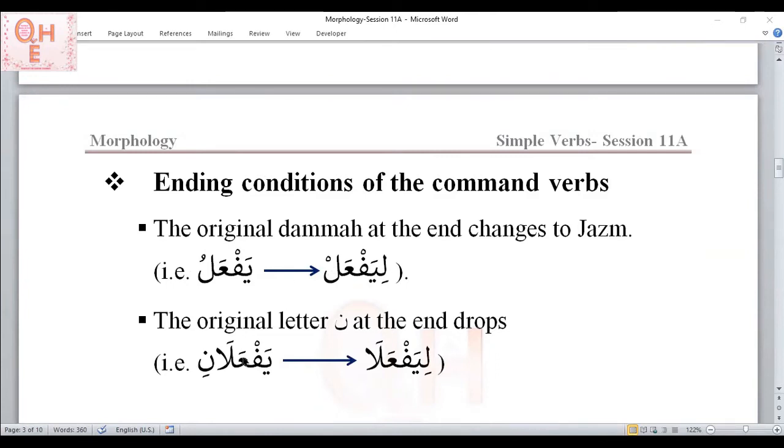And if there is a verb that has noon at the end, for example, yaf'alani, then the noon will drop when Lam kasra comes. So yaf'alani becomes liyaf'ala. So basically the default state, yaf'alu becomes liyaf'al, which is the state of Jazm. And yaf'alani becomes liyaf'ala. Now let's look into all the conjugations.